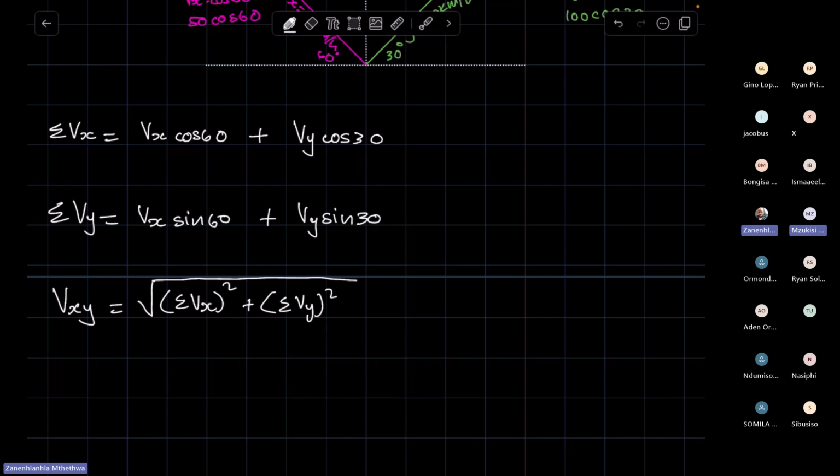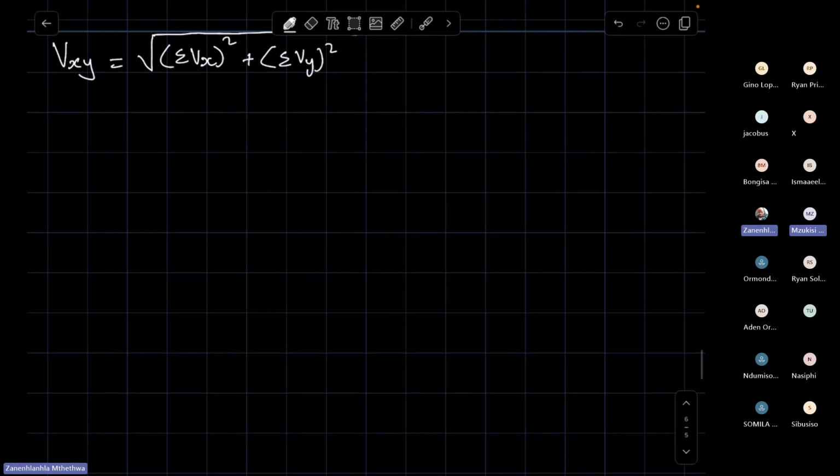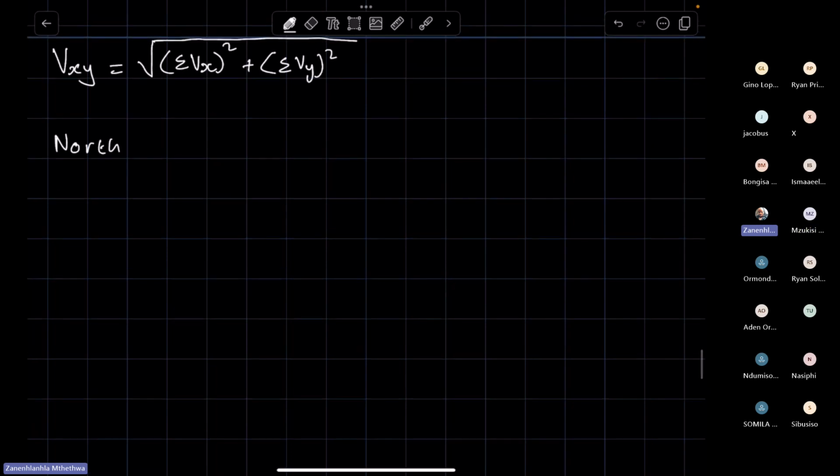Then I don't think we were given a wind direction, or I don't know if you made an assumption there, or practically it was supposed to be like that. How do you get that other direction? So remember, the direction of the wind vector was northeastern. Yes, right. So northeastern.